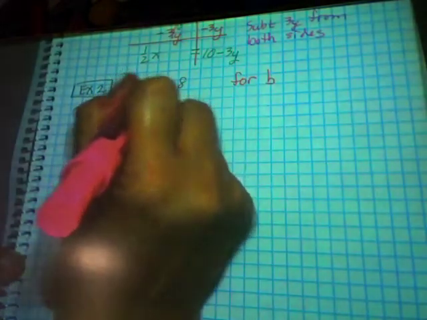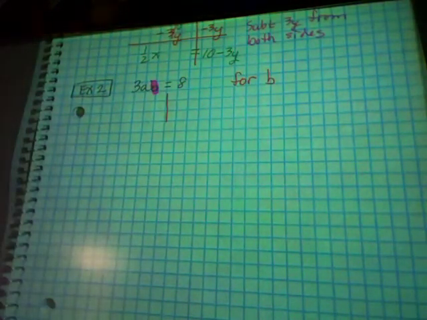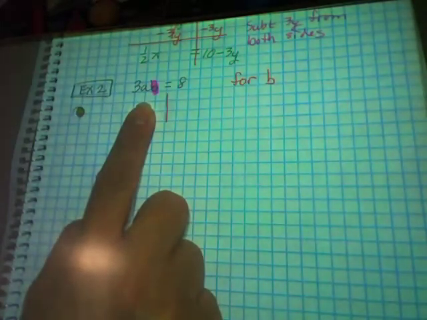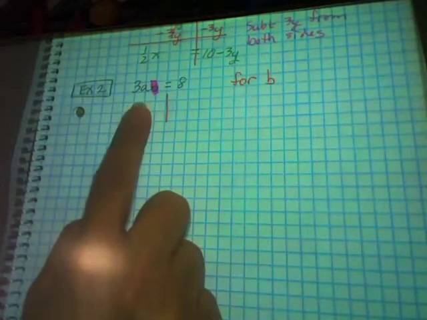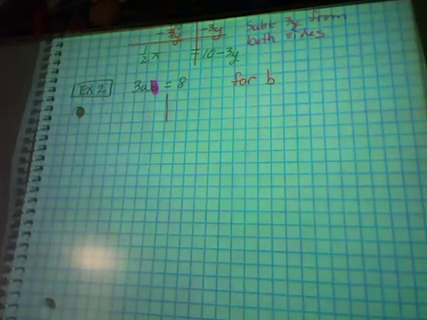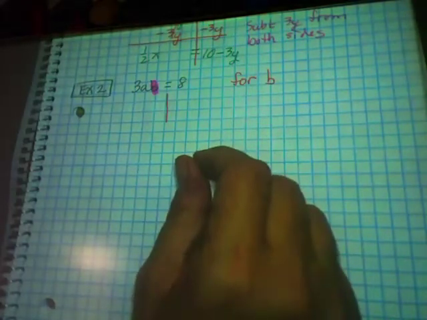Here's where b is. That's what I'm looking to solve for. Do I have the term with b on one side by itself? Is there any other term with this? Terms are separated by addition and subtraction signs. Are there any other terms? On this side? Oh, no. No, 3ab is all one term. So I do have it by itself, don't I?